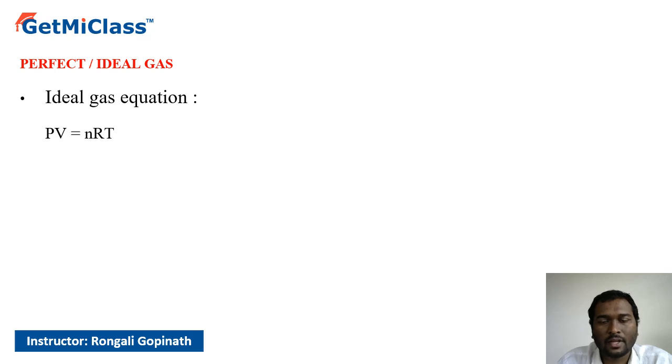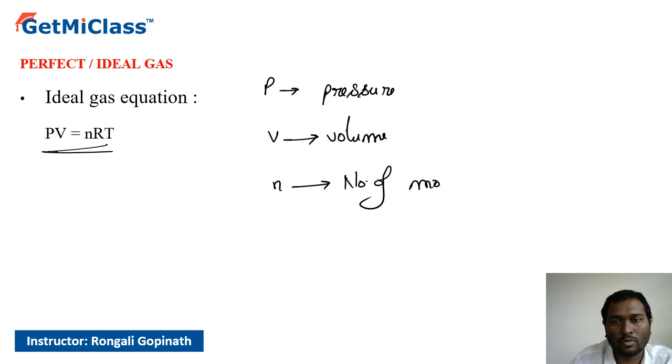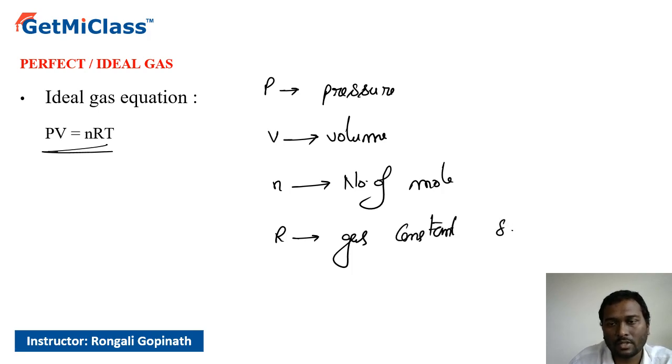Now every ideal gas should or will be able to follow one particular equation called the ideal gas equation, which is given by PV equals nRT, where P represents pressure, V represents volume, n represents number of moles, R represents the gas constant and its value is 8.314.